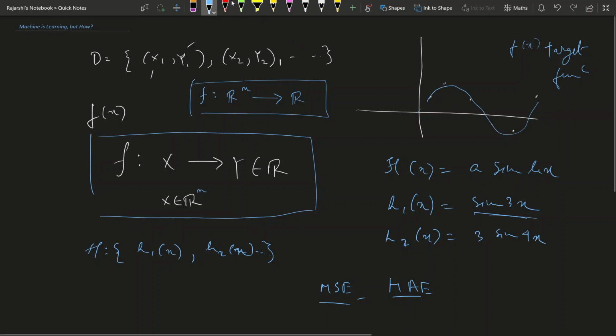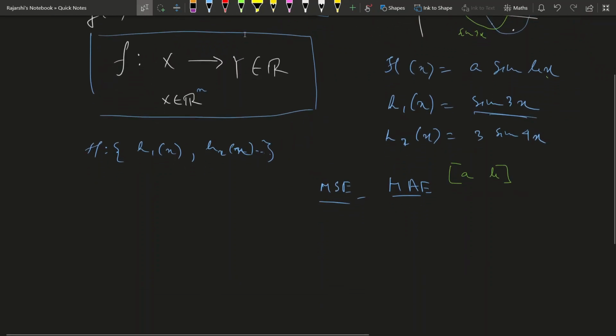These two sine curves are different. You can see that 3 sine 3x is a better representation, right? So that is one hypothesis. What you have is, you can change a and b. These are the parameters, and x and y are given in the data set.